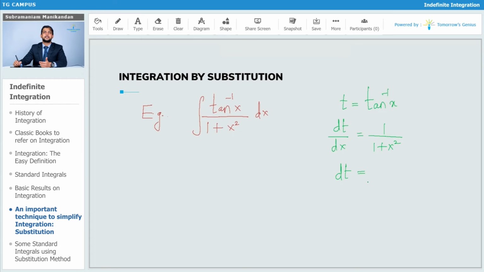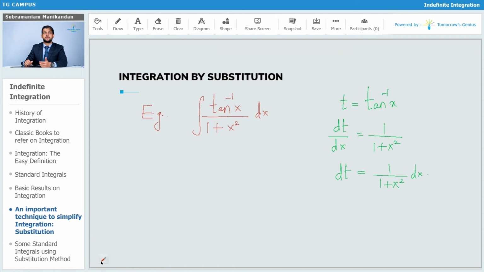So here the dt is the numerator and dx is the denominator. So you can write dt as 1 upon 1 plus x square dx. And so if you observe, the function to be integrated also contains dx upon 1 plus x square. The rest of it is tan inverse x.